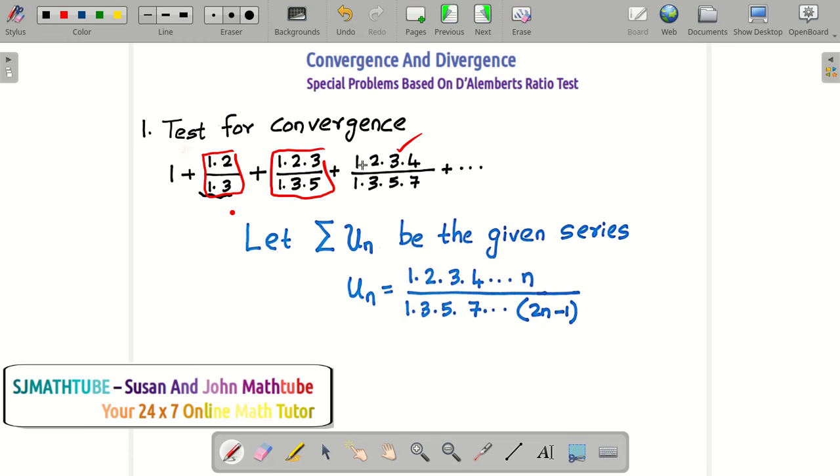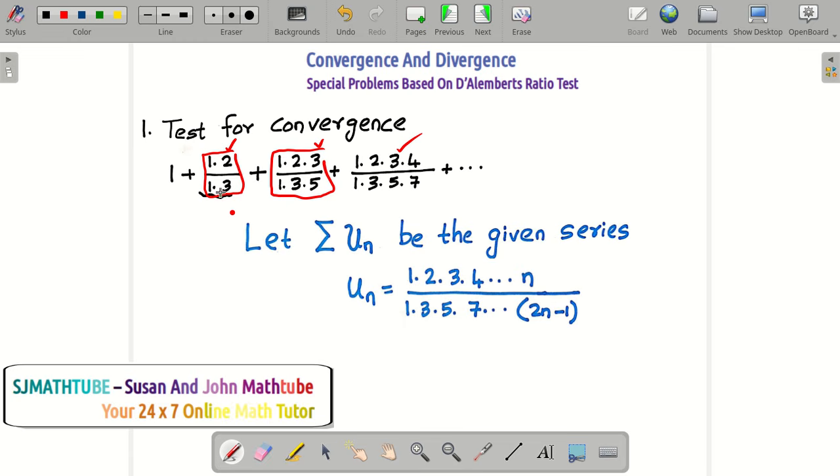So we are going to write 1 into 2 into 3 into 4 into dot dot dot up to n. It's very easy to understand that because in the second term you can see 1 into 2. In the third term you can see 1 into 2 into 3. In the fourth term it is 1 into 2 into 3 into 4. So it's nothing but 1 into 2 into 3 into 4 into dot dot dot up to n.